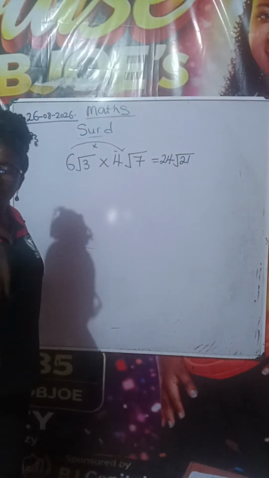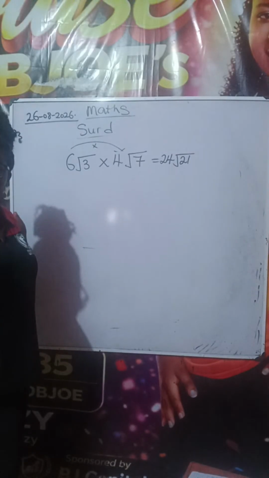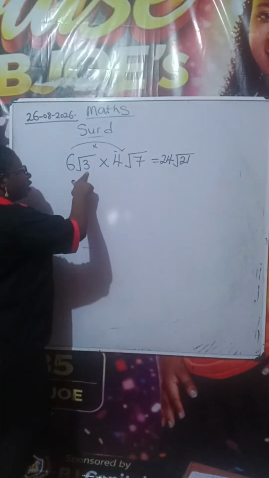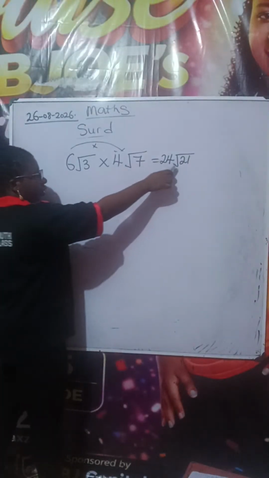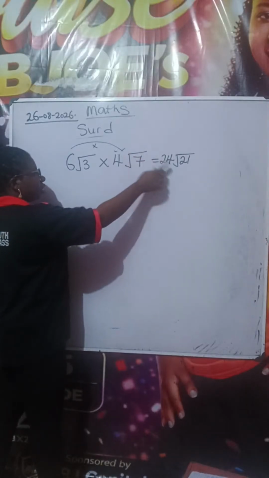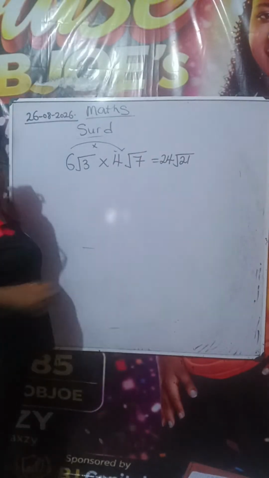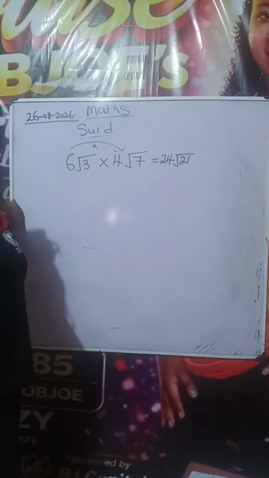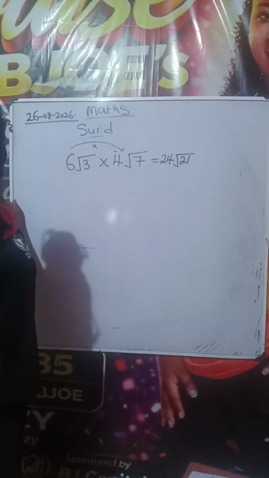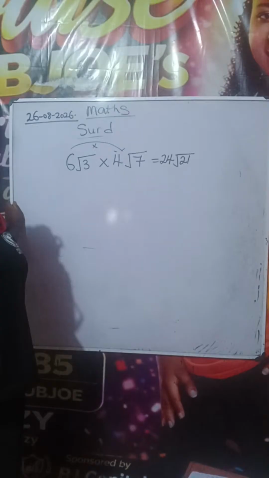Then you multiply the numbers inside the root: 3 times 7 gives you 21, but you keep the root sign. Can you get the square root of 21? It's not possible, so you leave it like this. Did you understand it now? Is it clear?